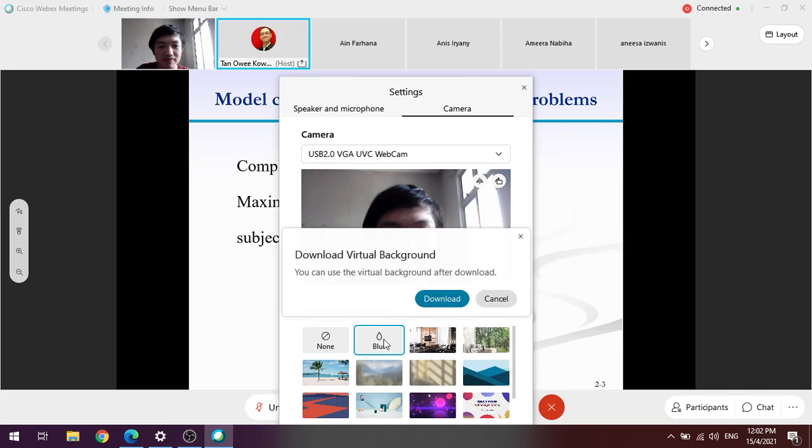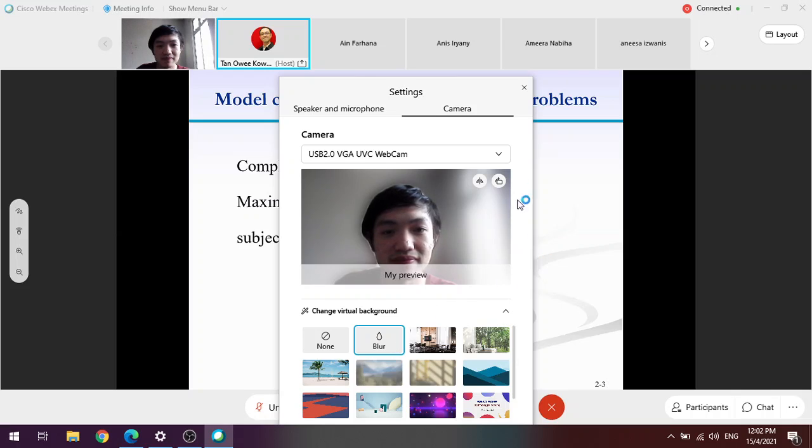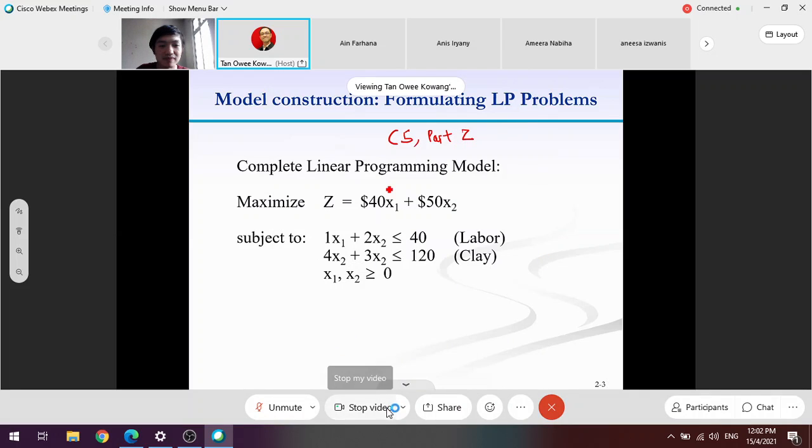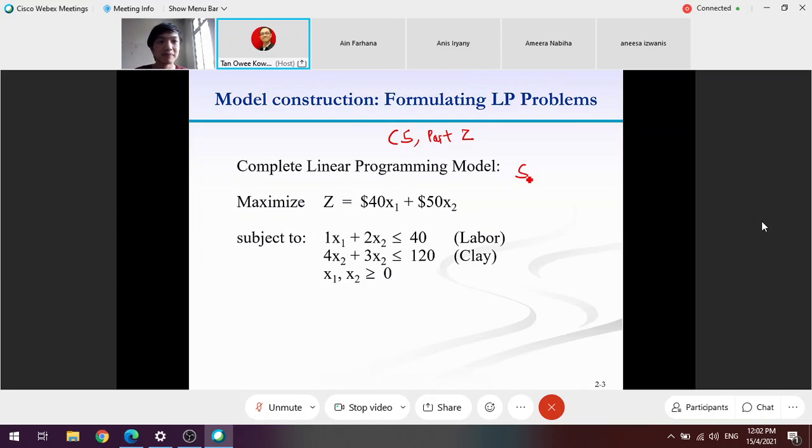To recap, in chapter 5, part 2, we discussed sensitivity: the sensitivity range for the objective functions. We name these two as the coefficient of x1 and the coefficient of x2.